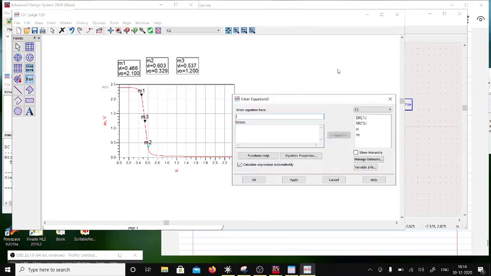So equation gain, the gain in pure number, would be equal to m2 minus m1 divided by the independent variable of m2 minus the independent variable of m1, INDEP.